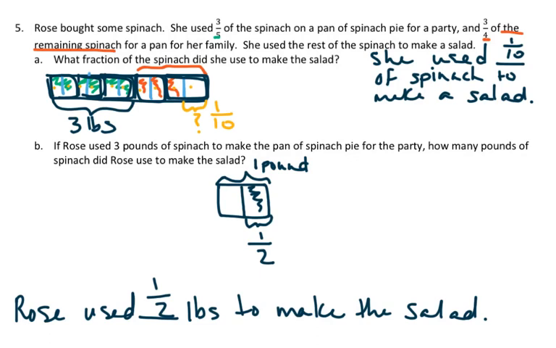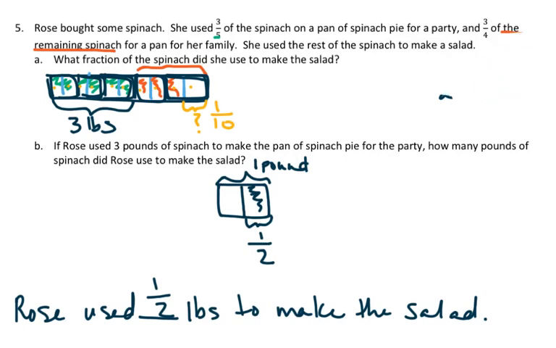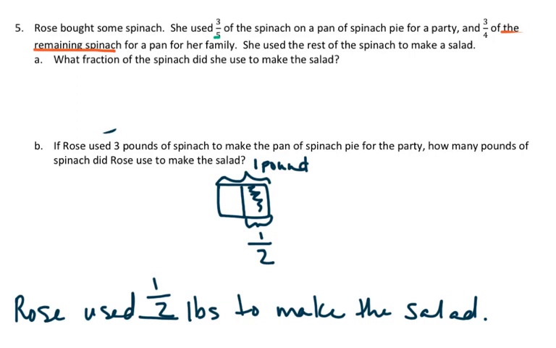I'm just going to show you how to solve this part A without using the tape diagram. I'm going to erase my target sentence for right now, and let me erase this tape diagram as well, because eventually we want our students to be able to do this without using a tape diagram.